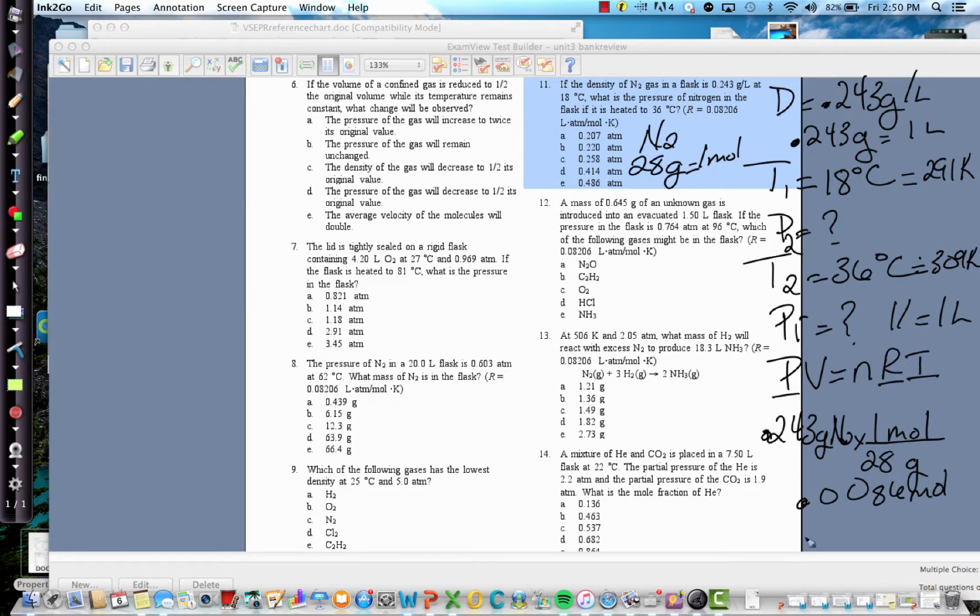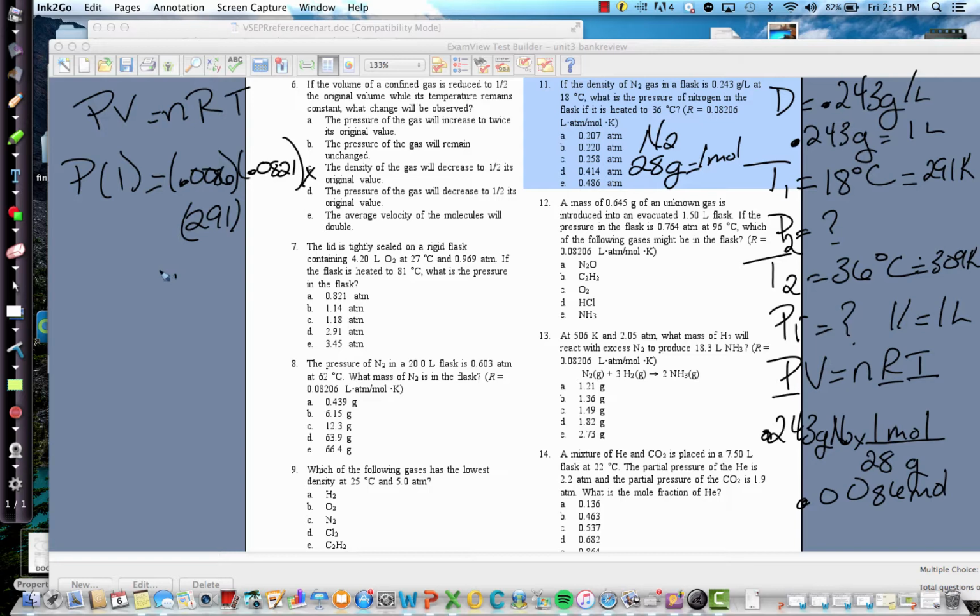I have this information over here. I'm going to use PV equals nRT and solve for my original pressure. I'm looking for P. I'm going to set the volume as 1 liter. If I have 1 liter of gas, then I have this many moles. I know that R is 0.0821, and at this temperature, T is 291. Now I multiply my moles by R by my temperature.